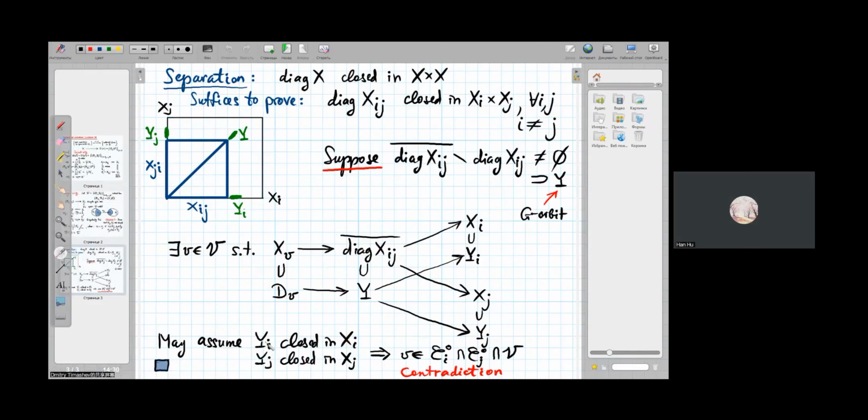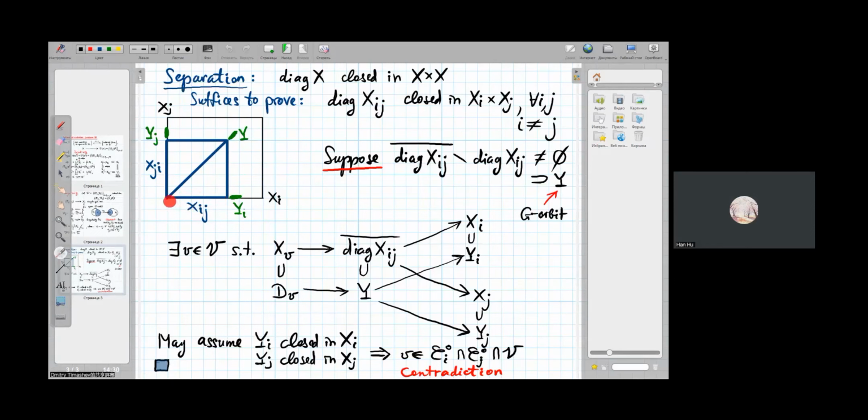If we shrink Xi, how can we ensure that the closure of the diagonal is still contained in the product? Well, if we shrink Xi in this way, this will remain unchanged.